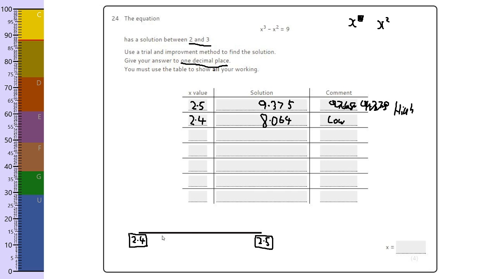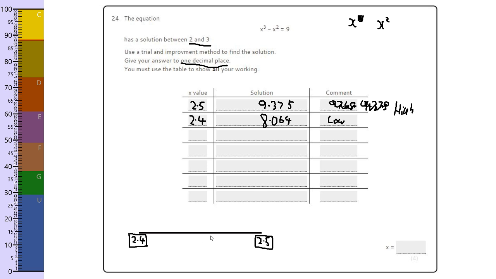Okay, so it doesn't want it any more specific than either 2.4 or 2.5. Now some teachers that I have seen in their lessons say, well, it's closer to 2.5, so just write 2.5. That's not always the case, because these aren't linear relationships. Okay, these are curves, so it could look closer to one but actually not be closer to it.